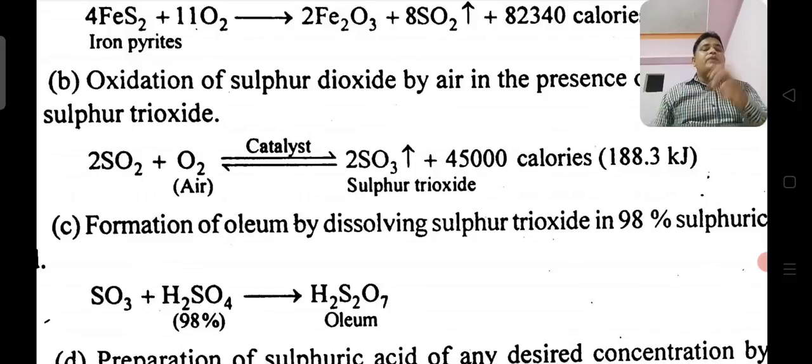So, we control the optimum conditions for the maximum yield of sulfur trioxide.